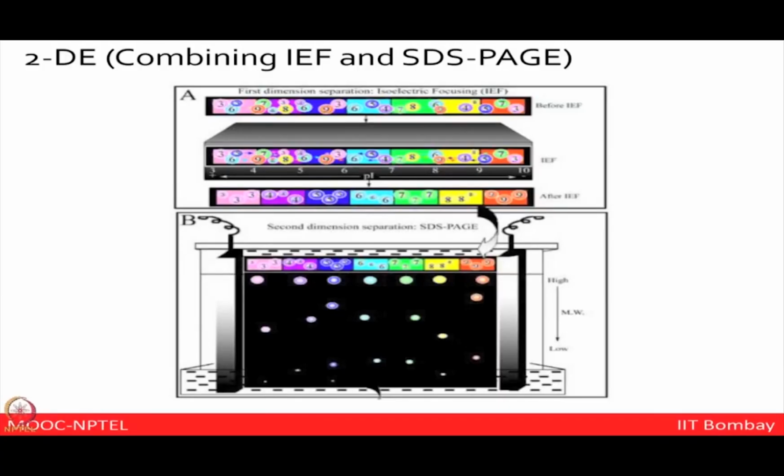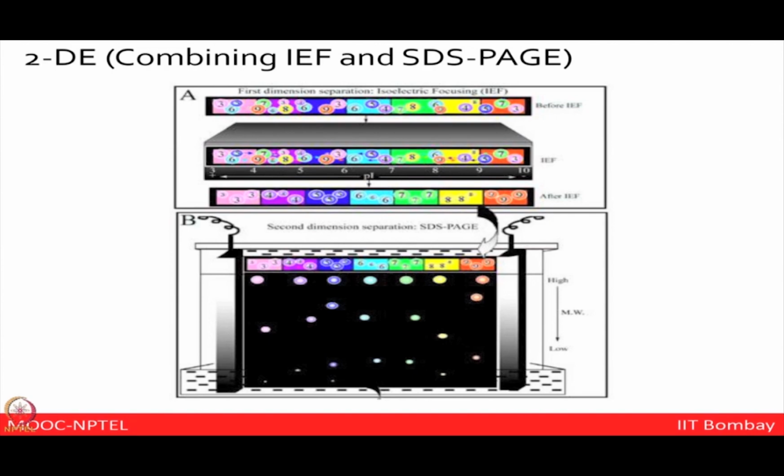The electrophoresis field has existed since the 1950s, and especially the 2D gel came into the light in 1975 when O'Farrell first showed that one could separate proteins based on their two properties of molecular weight and isoelectric point.